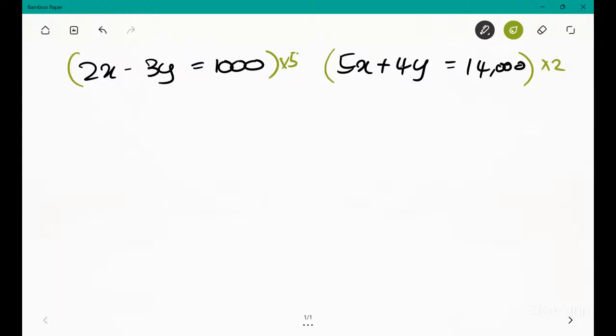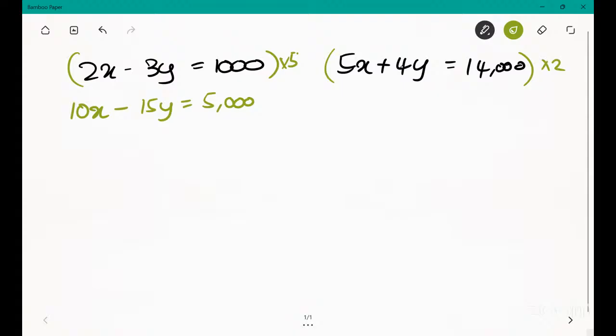So if I were to completely solve this, 2x into 5 is 10x, minus 3 into 5 is 15, giving us 15y. 1000 into 5 is 5000.